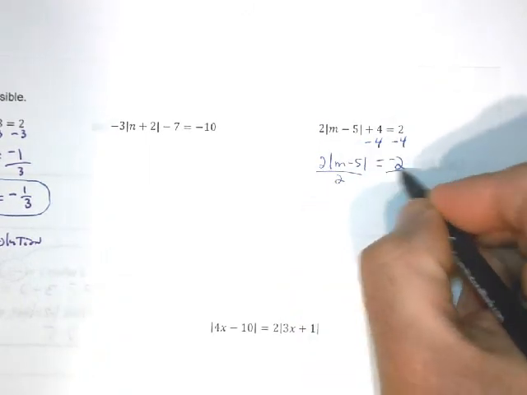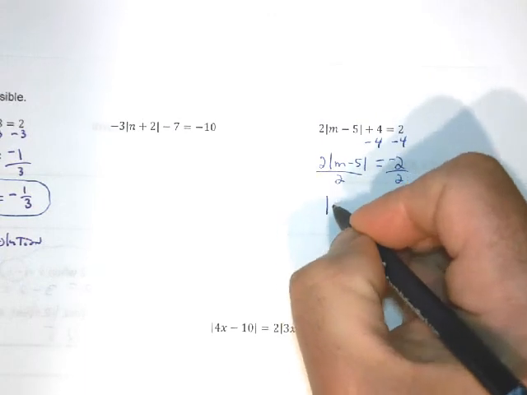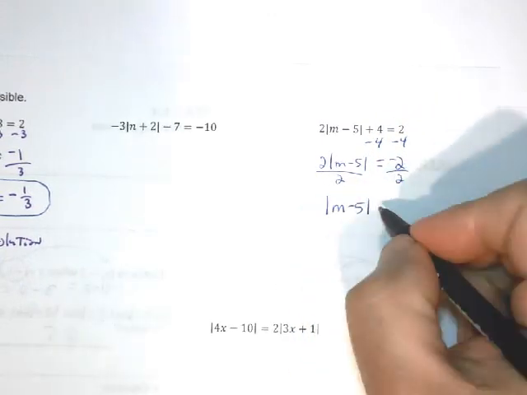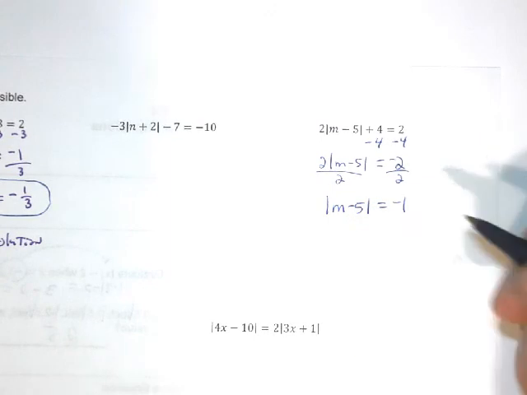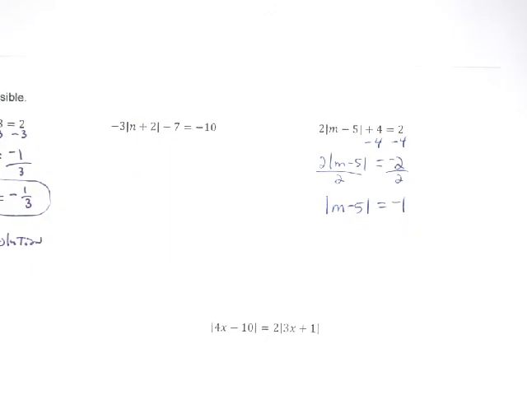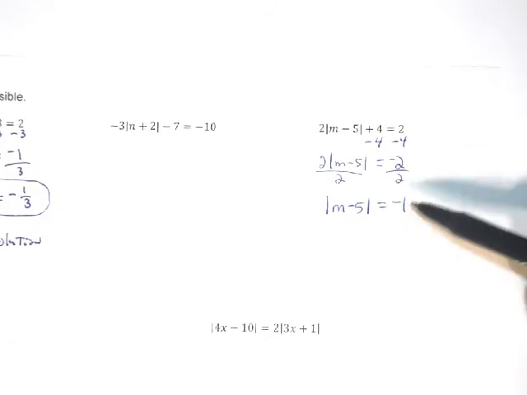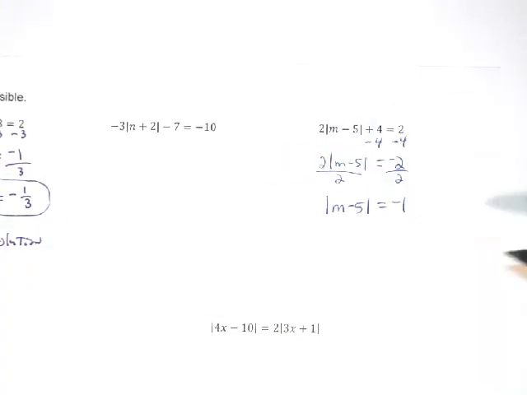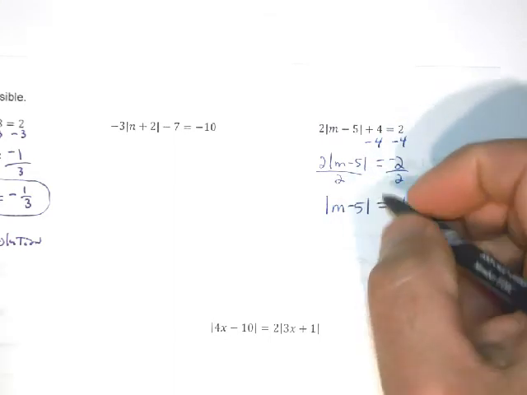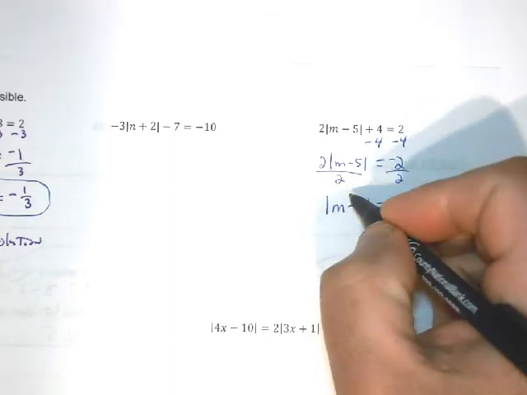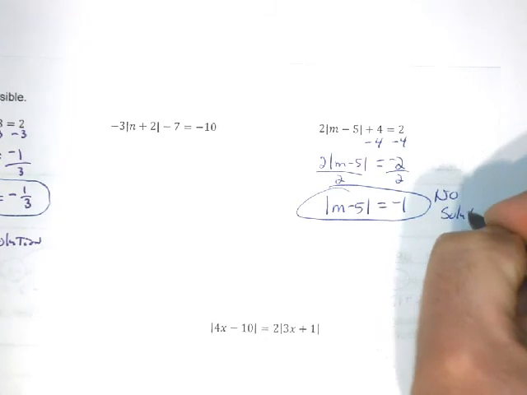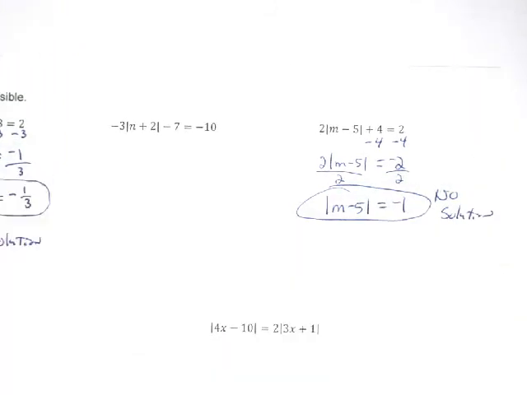Need to divide by 2 to get the absolute value by itself. So the absolute value of m minus 5 equals a negative 1. This one's a little nicer, which is why I'm showing you this one versus the last one, which has a bunch of fractions in it. But right now, I know there are no solutions.